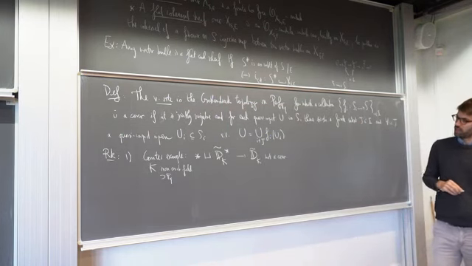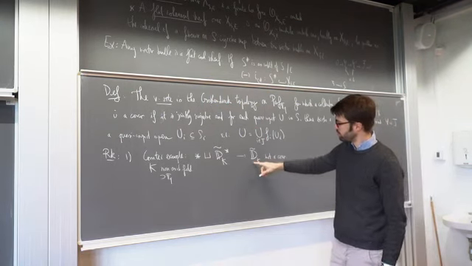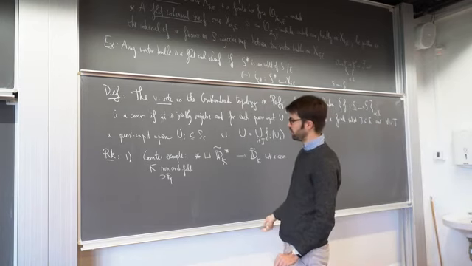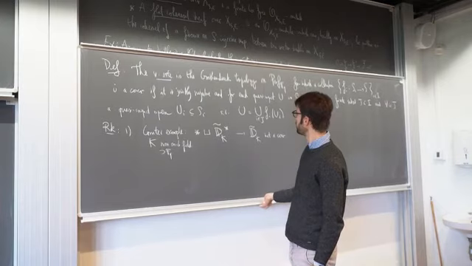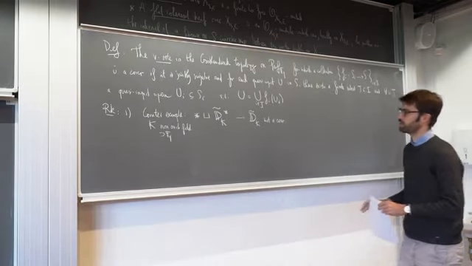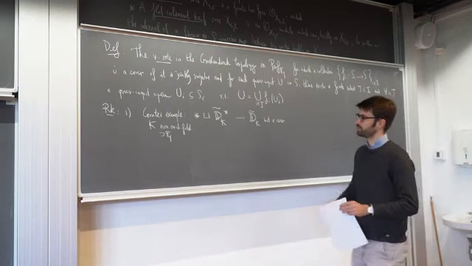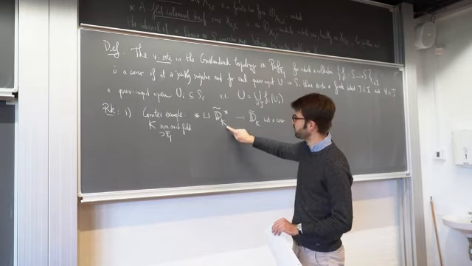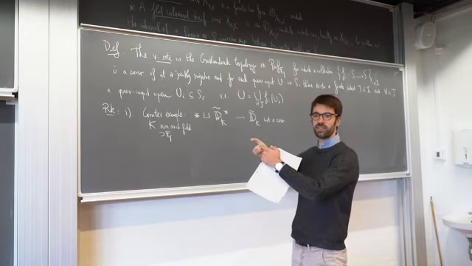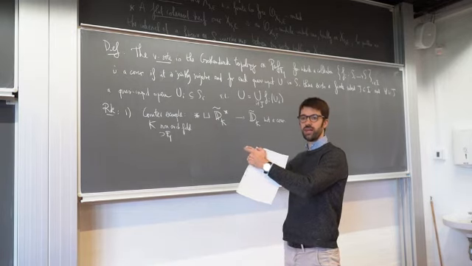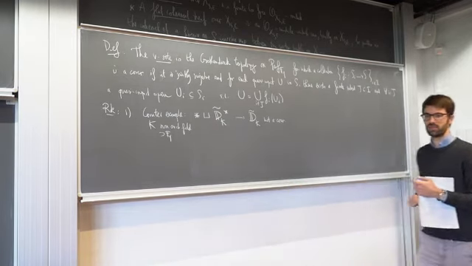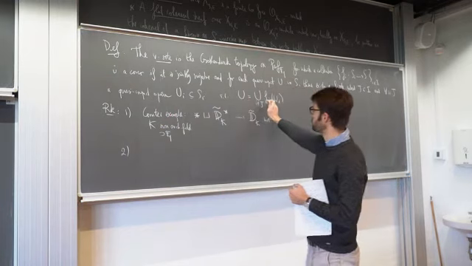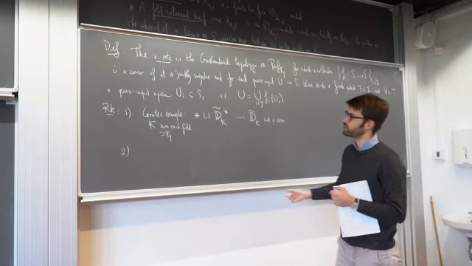If you look at a disk of smaller radius around the origin, you won't be able to cover it in this way, because any quasi-compact open inside here will be contained in the annulus of radius between r and 1 for some r between 0 and 1. So just to see what this condition looks like in practice.